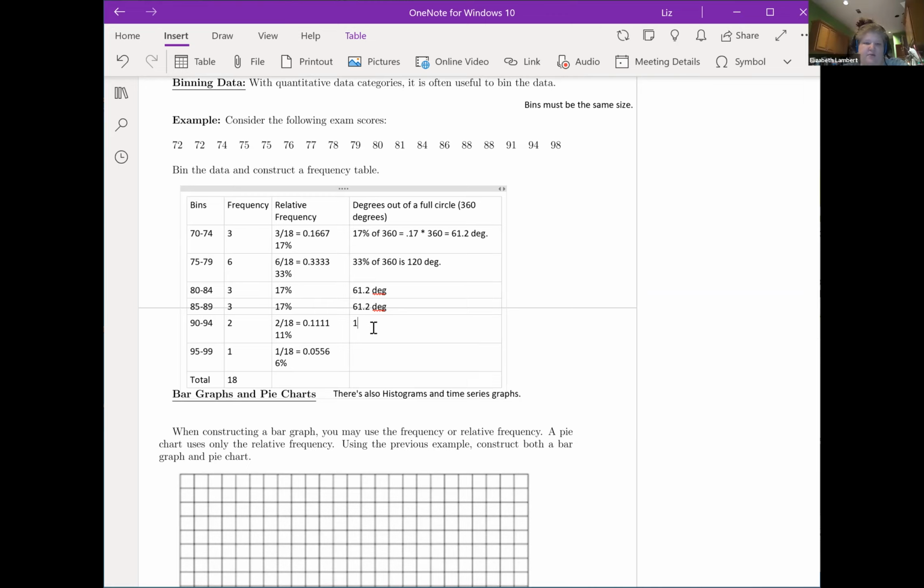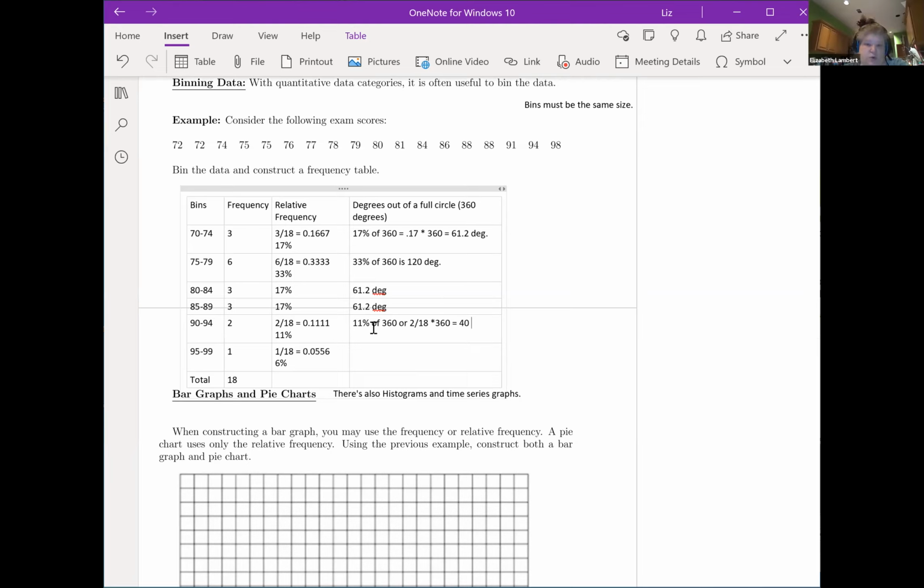So our 11%, or 2/18 of 360, because you could go back to the fraction, and the fraction would actually work out precisely. Yep, 18 actually goes into 360 nicely.